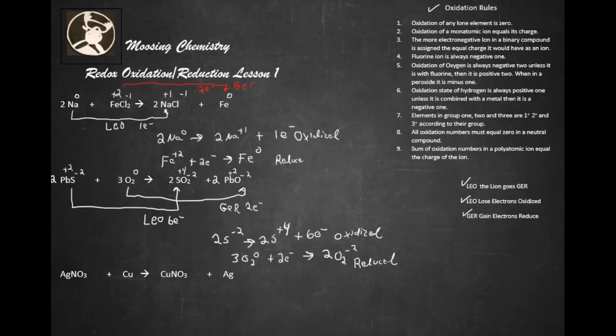Okay, and last but not least, let's look at this last one. And I just want to check my oxygens here. It's 2, it's 4 oxygen. Yeah, that's right. All right, so now when we check this, yes.